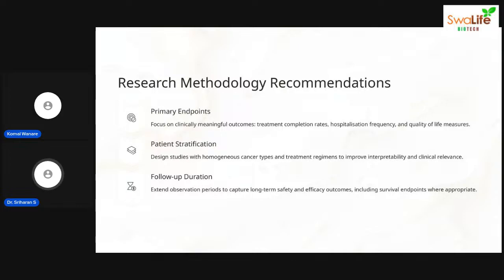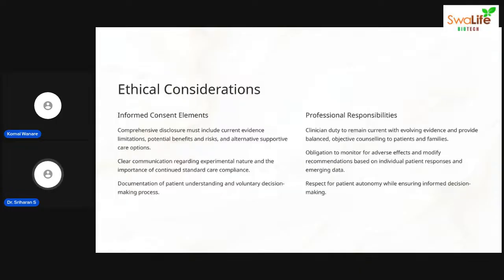If you stratify the patients, we get more detail on the subclass groups, which is also very useful for giving personalized medicine. And for follow-up duration, we want a long follow-up duration, so the lack of follow-up is also overcome.